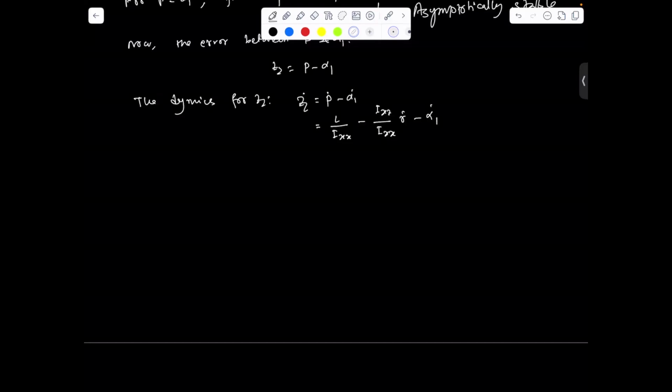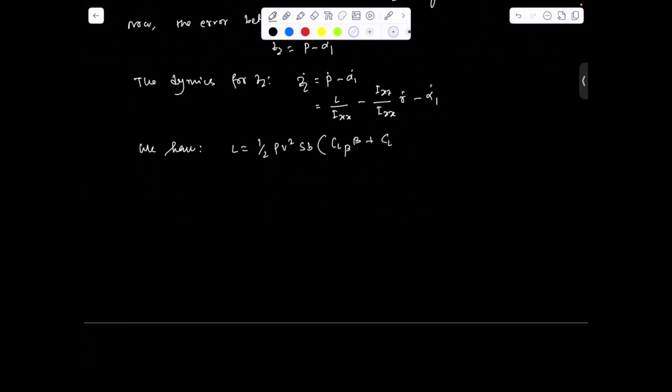We already have L equal to half rho V square S, times CL beta beta plus CL P P plus CL delta A delta A. Now we have to choose delta A in this expression in such a way that G2 dot is stable. So first let us substitute this expression for L in this expression.